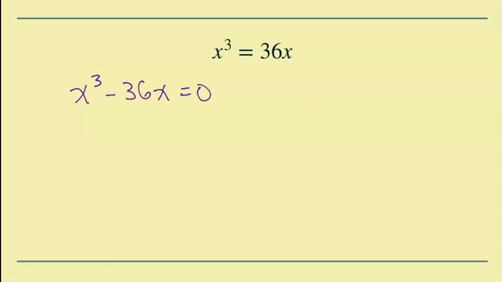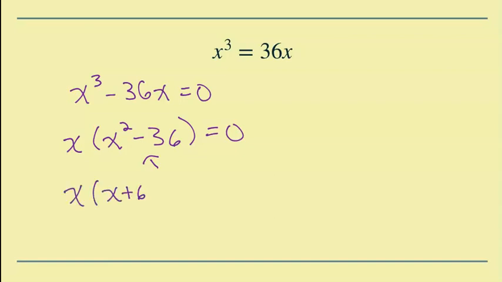So when I factor it, the first thing I'm going to do is look for my GCF, and there is one in this problem. The GCF is x, and then I'm left with x squared minus 36. All right, and you'll note that this right here is a difference of squares. I have a perfect square minus a perfect square, so I am not finished factoring. I have x plus 6, x minus 6.